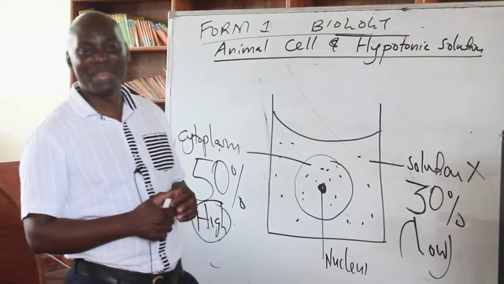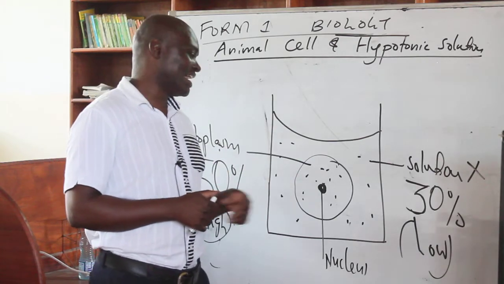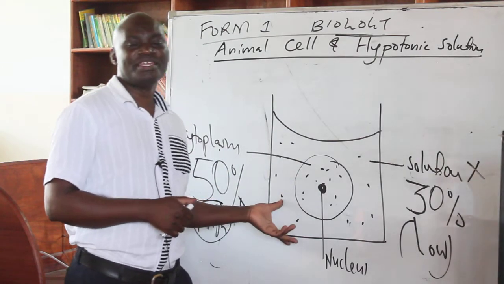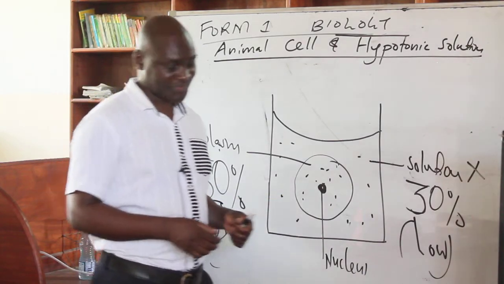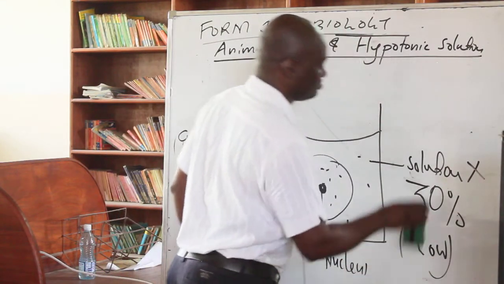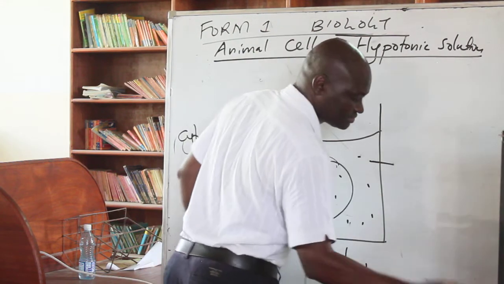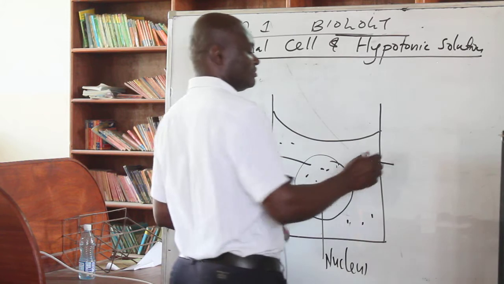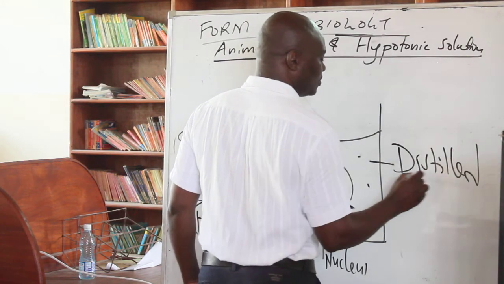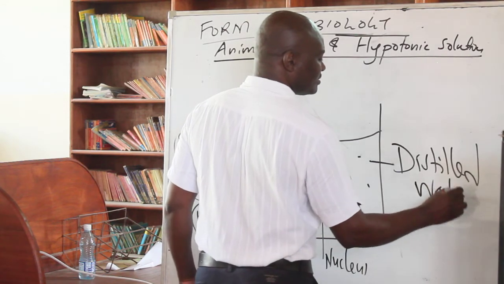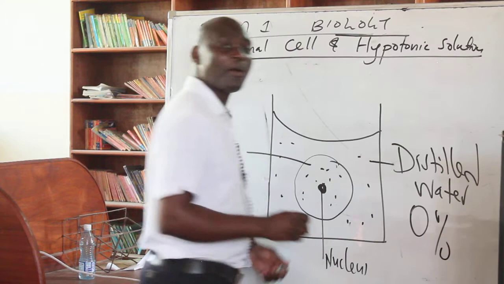So if an animal cell, like a red blood cell, is placed in distilled water, let's use distilled water, and distilled water is 0%, pure water.